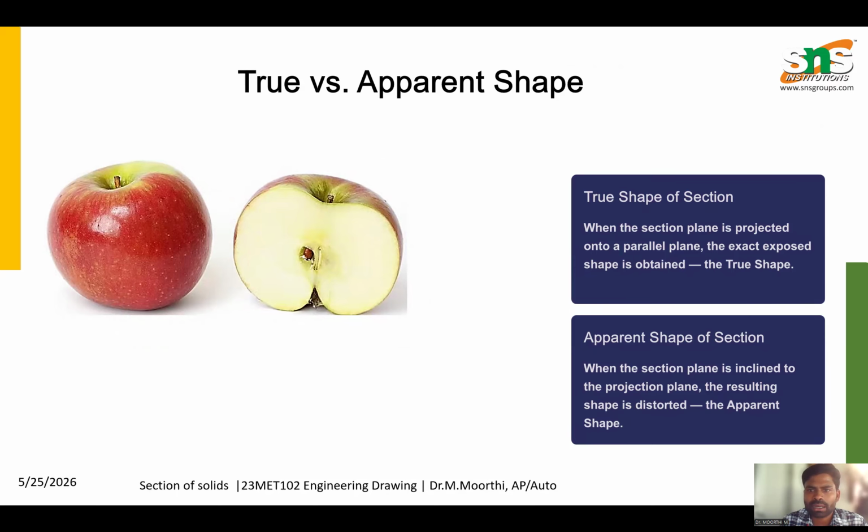Then there are the true shape and the apparent shape. When the section plane is parallel to the projection plane, the exact exposed shape is called the true shape. The apparent shape is when the section plane is inclined to the projection plane, and the resulting shape is termed the apparent shape.